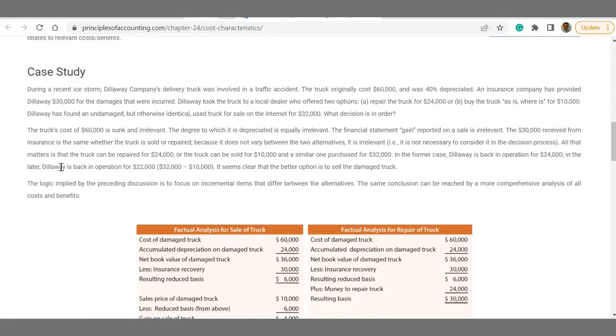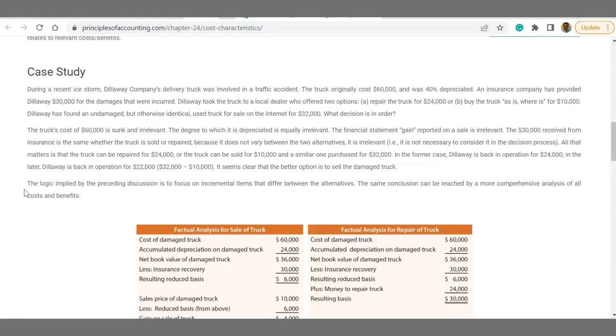In the latter, the company is back in operation for $22,000, because if they buy one, it's $32,000 from the internet, and if they sell the truck as is to the dealer, that will be $10,000 that the dealer is giving them for this truck. So now the question is, do they want to spend $22,000, or do they want to spend $24,000 fixing it? It seems clear that the better option is to sell the damaged truck and buy the one from the internet and end up at $22,000, looks like, right?